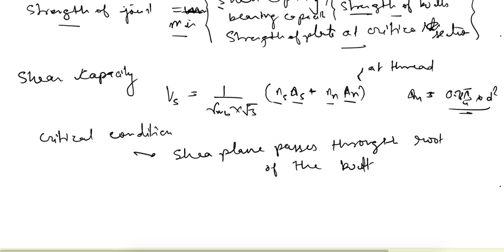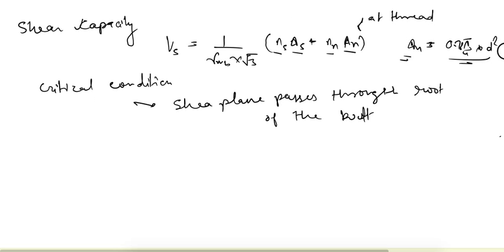So this gives us the less area of the bolt, and using this we can calculate the shear capacity. If it is given that the shear plane passes through shank, then you can take As, but if nothing is given, you should take it as passing through the thread of the bolt.